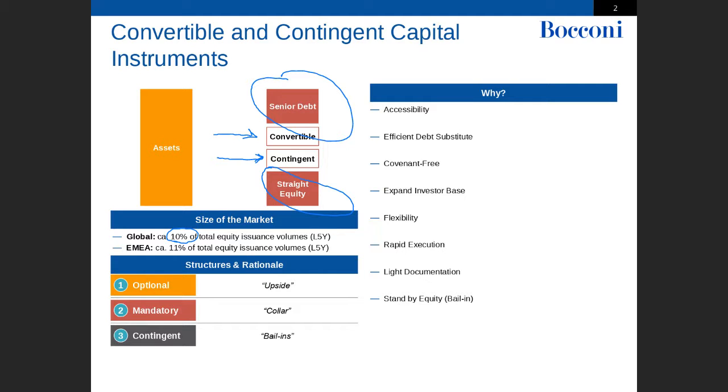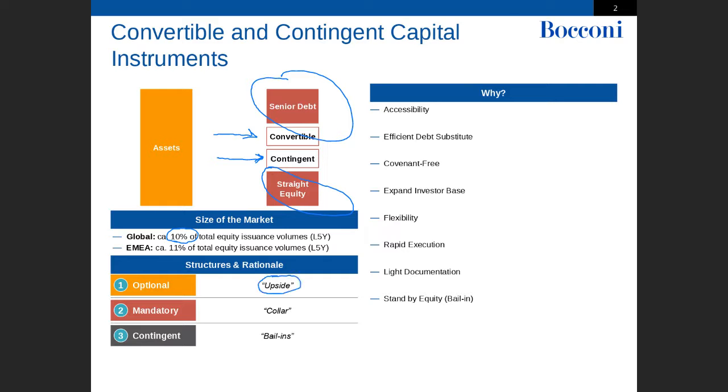The structure of those hybrids is de facto divided into three categories. You can have the normal senior convertible or exchangeable, and we will see the difference, where the performance and the structure of these instruments is related to the behavior of the market.